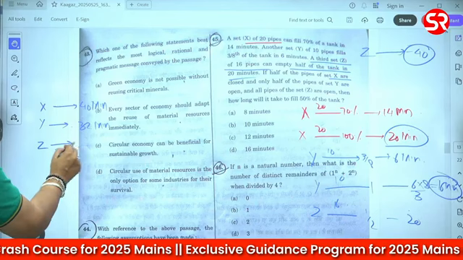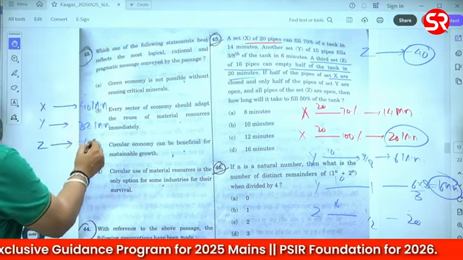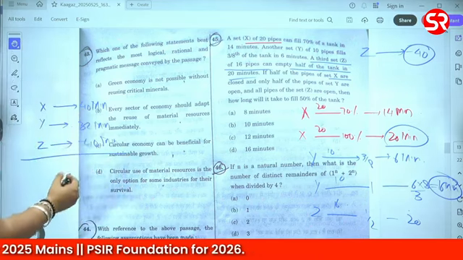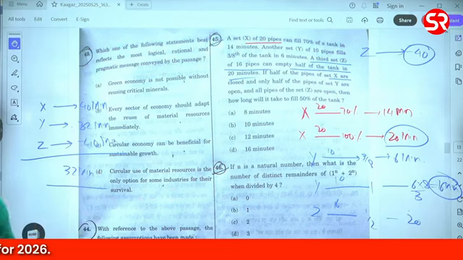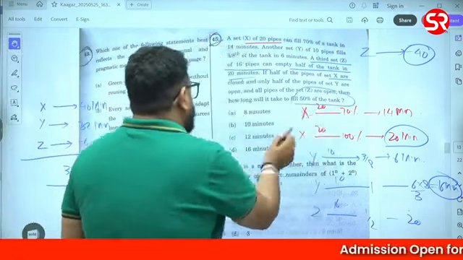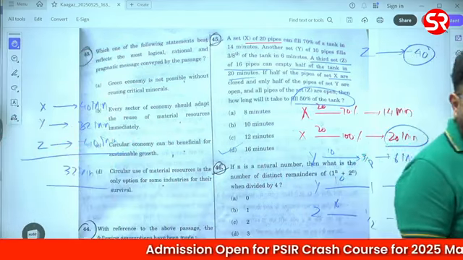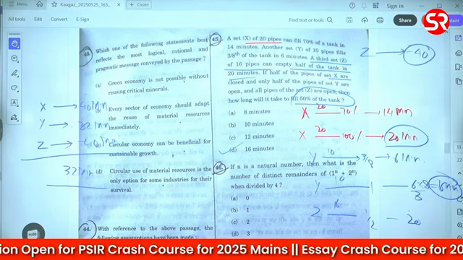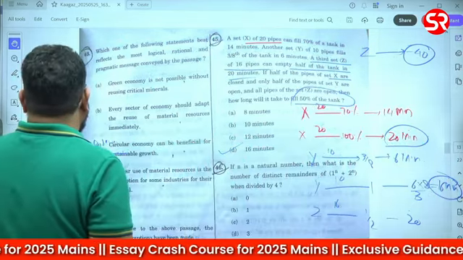And Z, otherwise also, Z was minus 40. If we make all three work together, this is 32 minutes to fill the whole tank. But for 50%, how much will it be? Half of 32, which is 16 minutes. I hope now this is clear, guys. Will it work? Let's see.